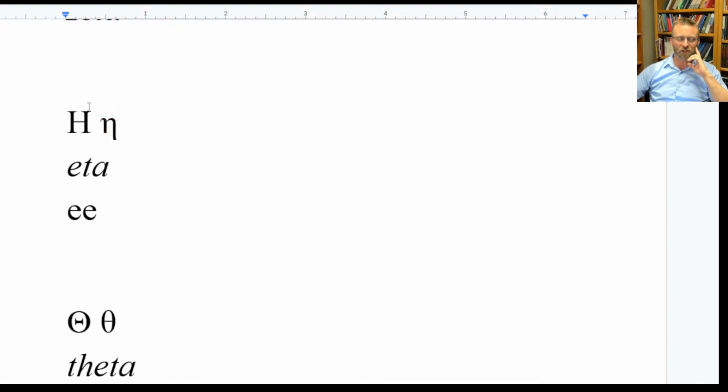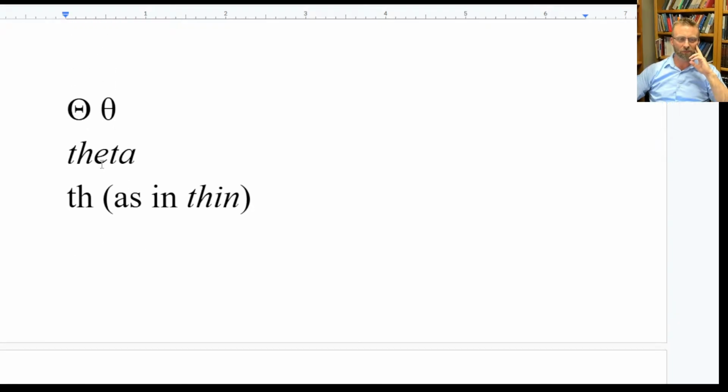The majuscule, the capital, looks like E, and the minuscule looks like an N, but it's eta, okay? All right, next we've got theta, with a TH, like in the word thing, TH, okay? All right, theta.